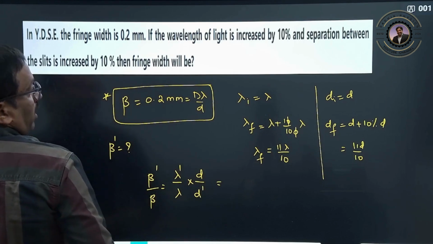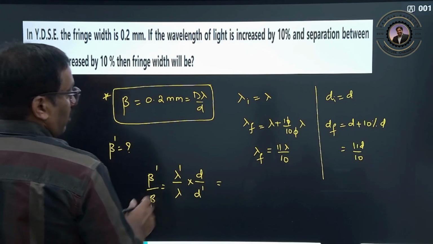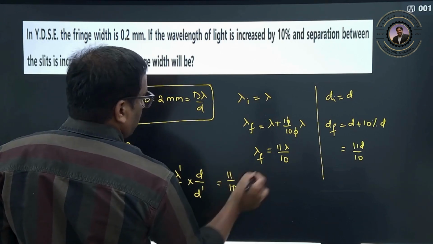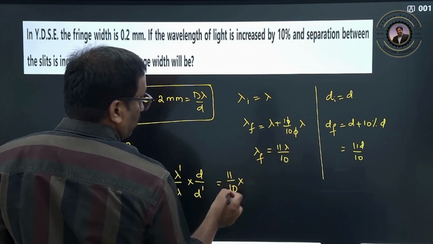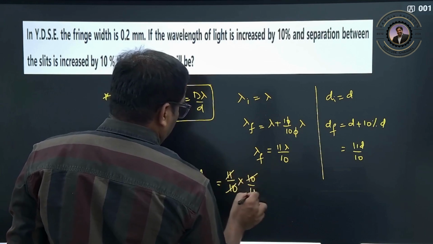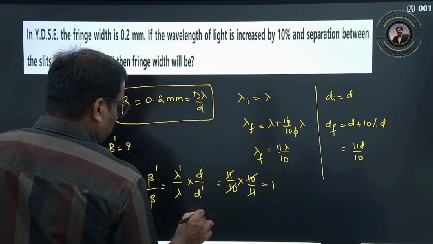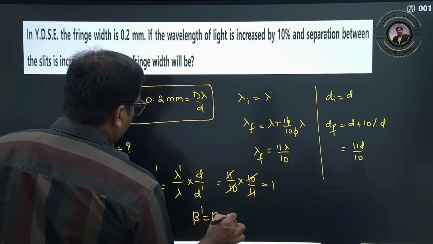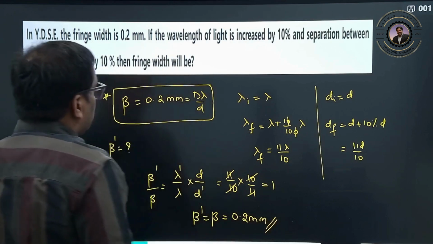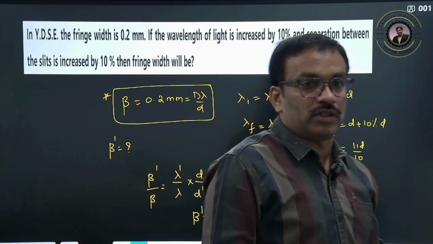Lambda dash by lambda is 11 by 10, and into 10 by 11 it gets cancelled out, it is 1. So beta dash will be equal to beta, that is 0.2 mm. There is no change in the fringe width. Fringe width will not change.